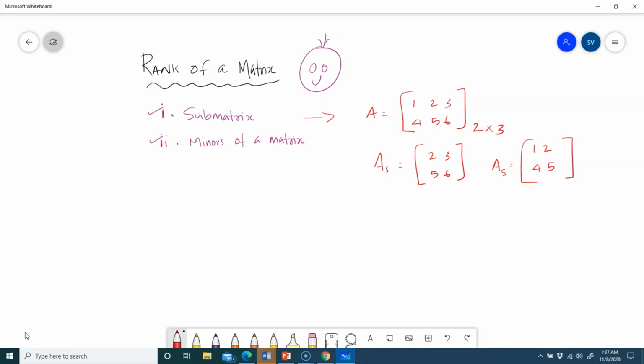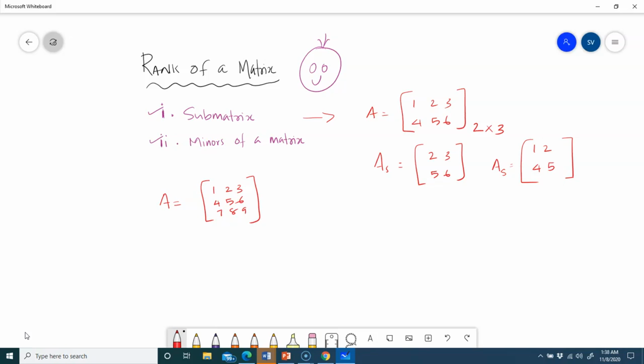And as you know, the minor of a matrix means, when we are trying to figure out the determinant of a matrix, we usually hide some rows and columns. Say for example, I have a matrix A is equal to 1 2 3 4 5 6 7 8 9.